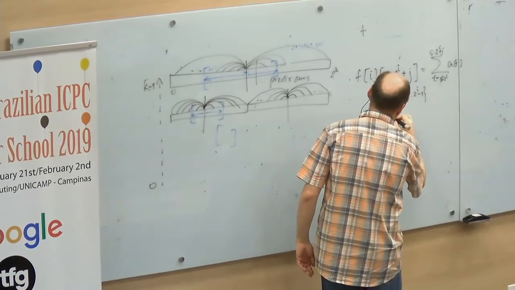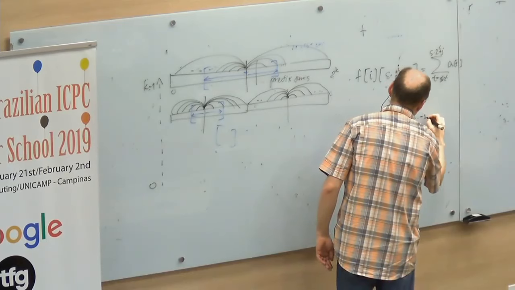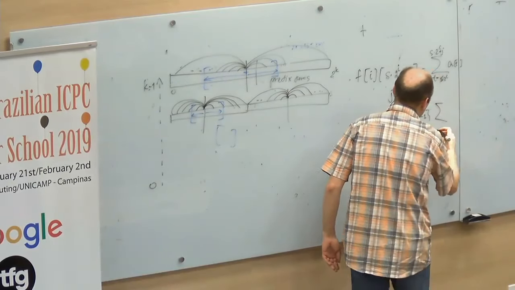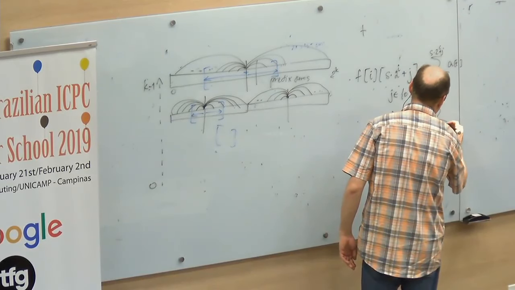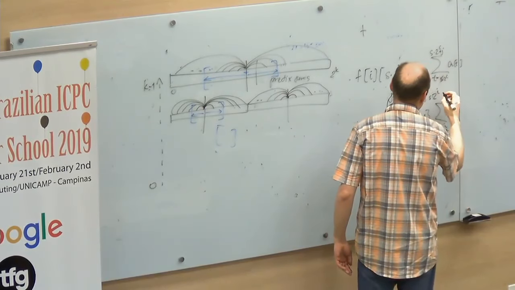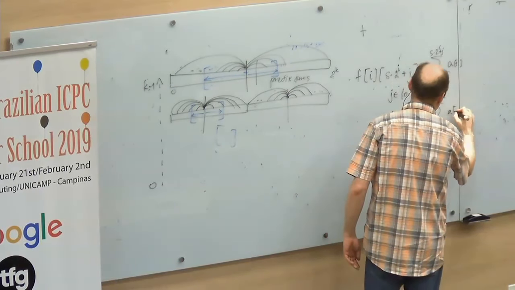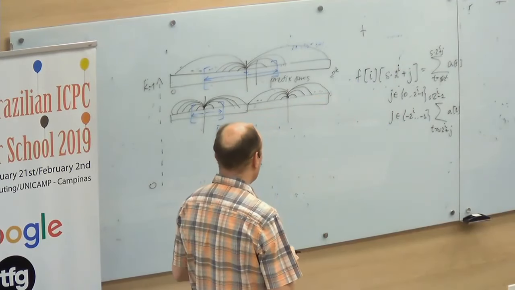And if j is from minus 2 to the power of i to minus 1, then it's the sum for t from s times 2 to the power of i plus j to s times 2 to the power of i minus 1 of a[t]. So I think that we need two formulas.